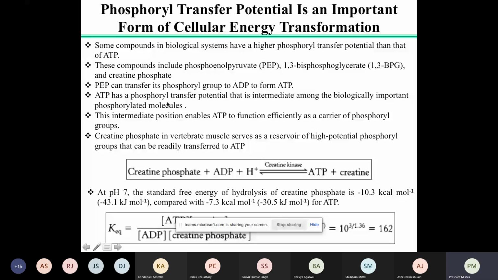And ATP has a phosphoryl transfer potential that is intermediate among the biologically important phosphorylated molecules. What does it mean? It means that most of the reactions occurring in the cell will require energy, where your delta G will be plus 4 kilocalorie per mole.